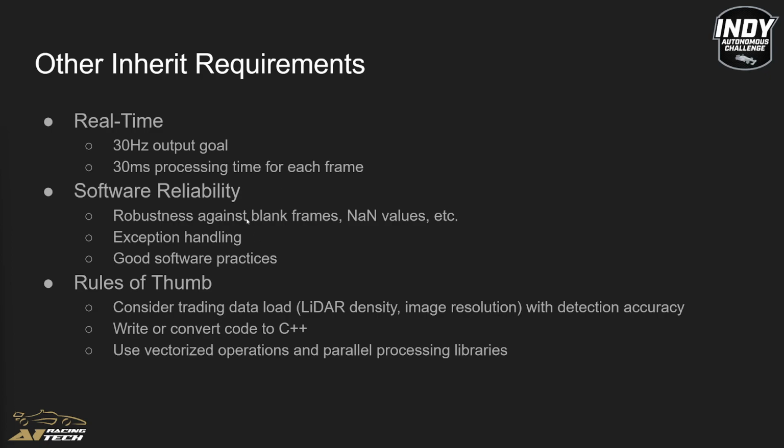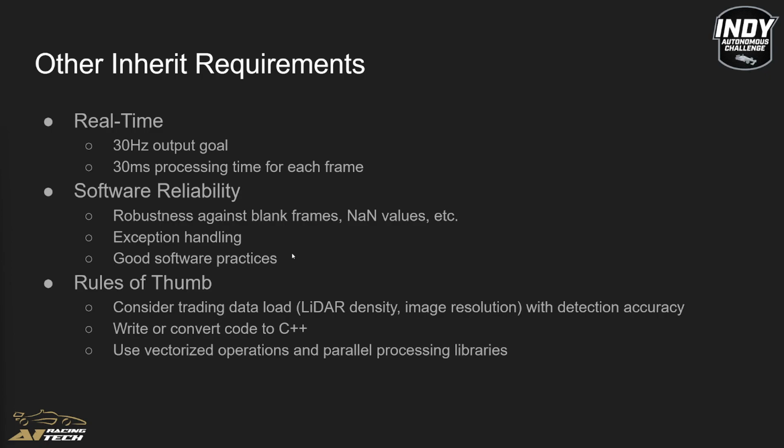If errors do happen, the software should have exception handling, not just rage quit on us in the middle of a run. This includes the use of try-catch statements in software and also using ROS lifecycle for managing node errors. In general, there should be good software practices along the way when we're developing these perception modules.